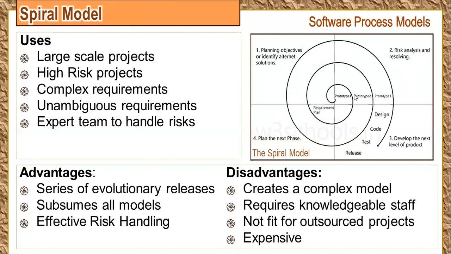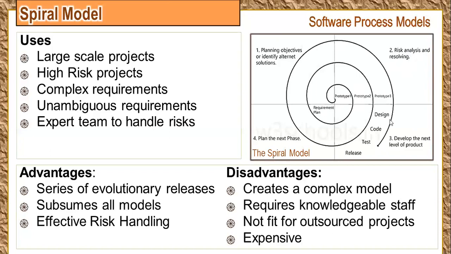Moving forward, you are finding out the risks by building a prototype and showing it to the client. He will tell you whether he's satisfied with it or not. If he's not satisfied, again you have a requirement plan, you will have a second prototype, again you will find out whether he's satisfied or not, and the cycle will go on. So you are repeatedly refining your iterative prototype. Next, you are sitting with a customer, you are building a prototype, he is happy. You have resolved all the risks.